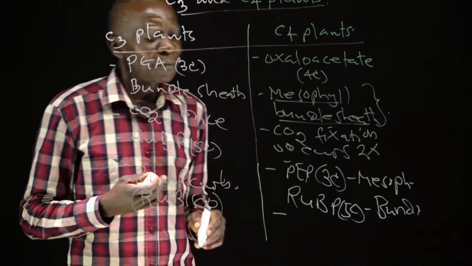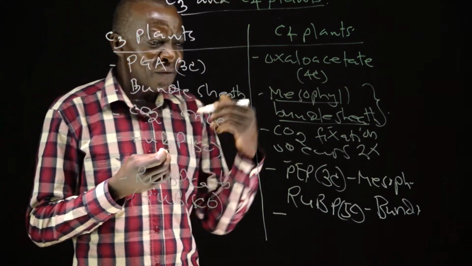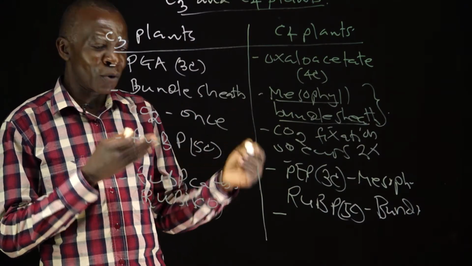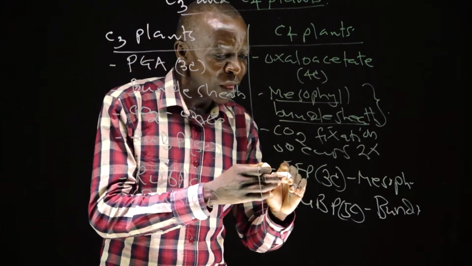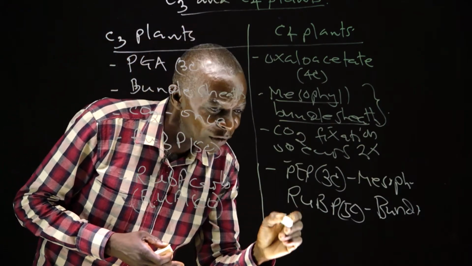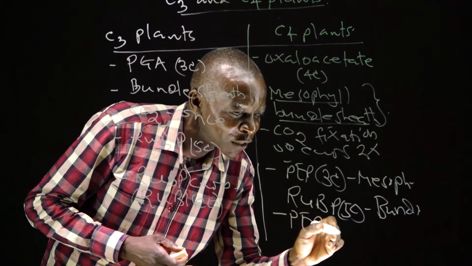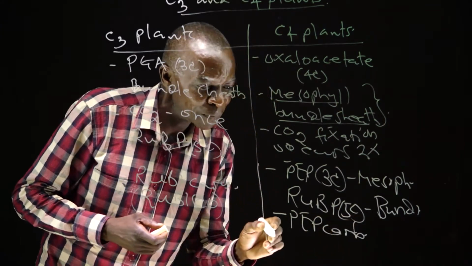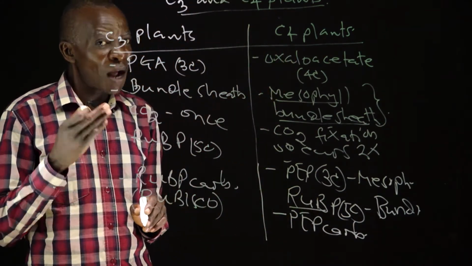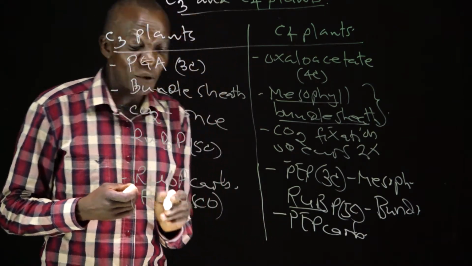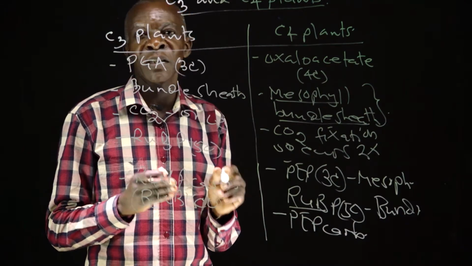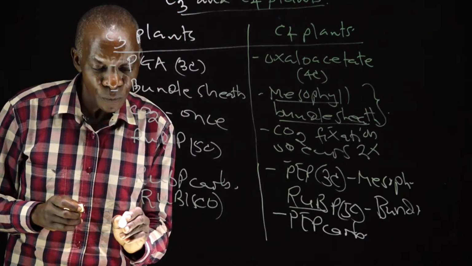But in the C4 plants, the enzymes which catalyze the fixation of carbon dioxide are of two categories. For phosphoenolpyruvic acid carbon dioxide fixation, we have phosphoenolpyruvic acid carboxylase. But for ribulose biphosphate carbon dioxide fixation, the enzyme used is the same ribulose biphosphate carboxylase.